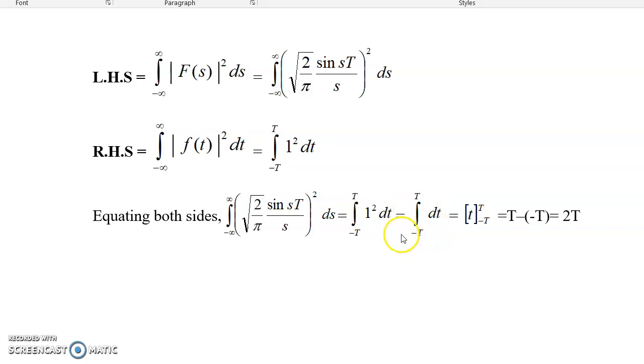So it is dt. This is a very simple integration. Integral dt is t from minus T to T. Apply the limit, upper limit minus lower limit, T minus minus T. So the final answer is T plus T, 2T. So we have got the right side integration as 2 into T.